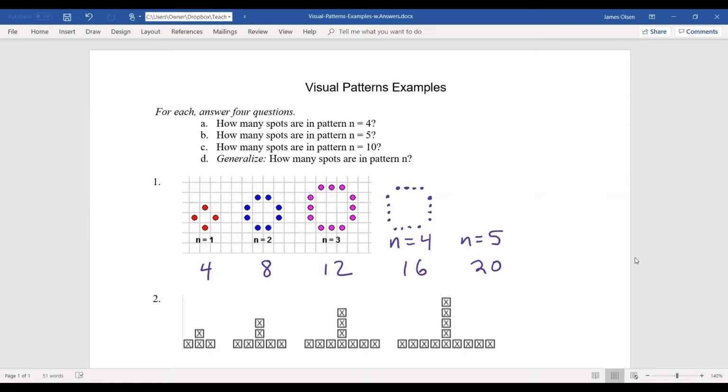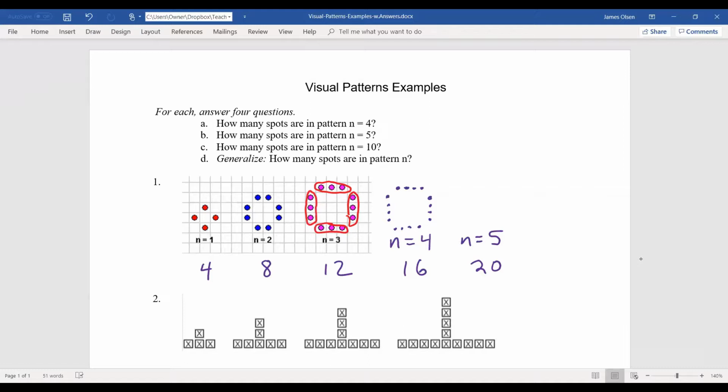Another way to think about this is to break it up into parts. Thinking about sticks, we have a stick here at the top. That's a group. We have a stick here. We have a stick here. And we have a stick here. We have 4 sticks of length 3 in the third figure and 4 sticks of length 4 in the fourth figure.